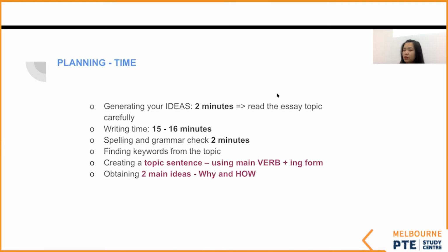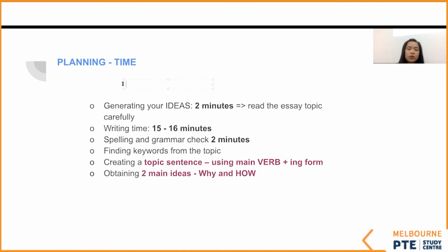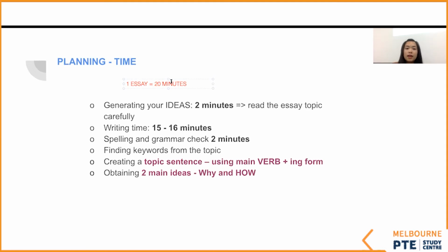How do you plan your time? Now, in terms of time management, this is something you need to learn. For example, one essay, 20 minutes, right? How can I finish my essay before the time runs out?